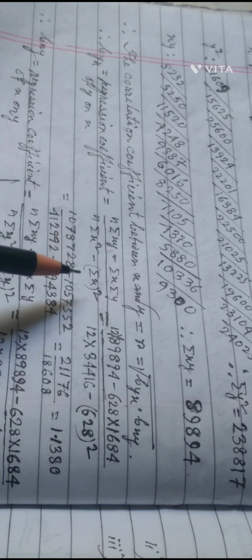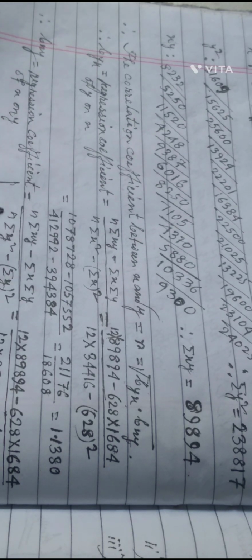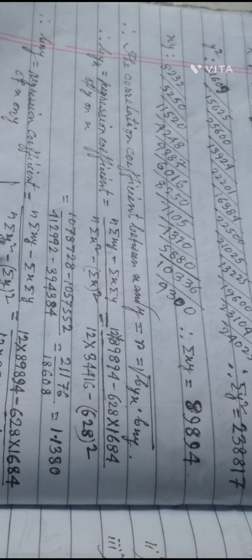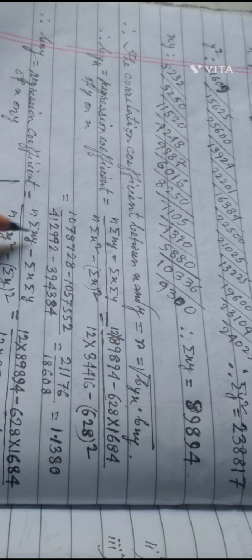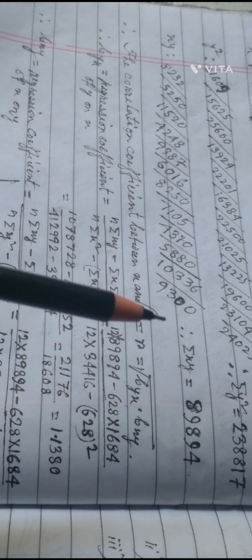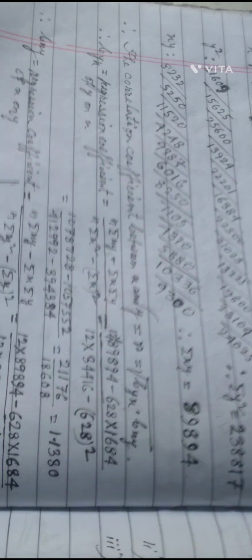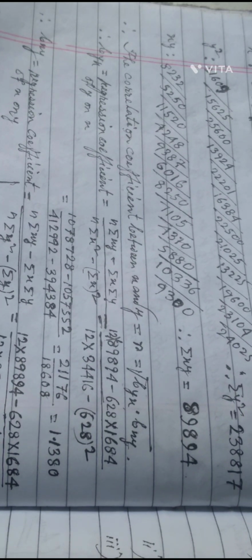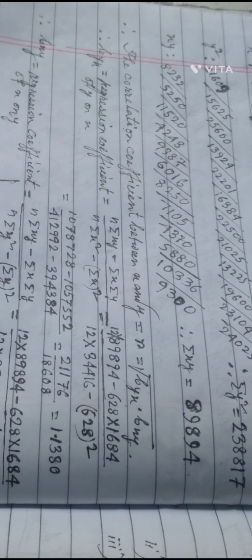This is the byx, and similarly bxy, same formula, but upon y, and that's why in the denominator you have to use N into sigma Y square minus sigma Y whole square. All figures are known and previously calculated. Put these figures and by calculator we get 0.7070.